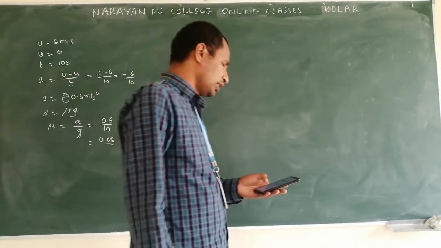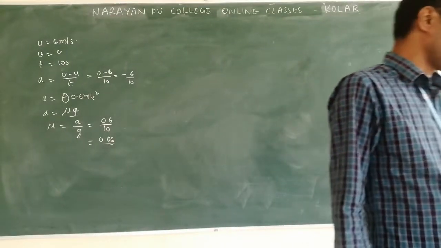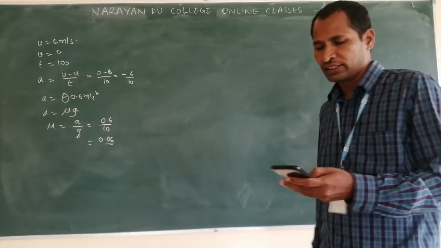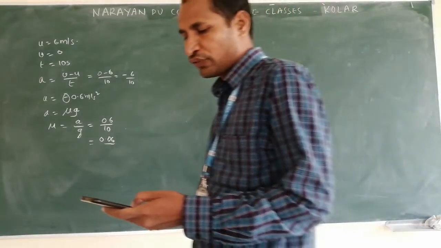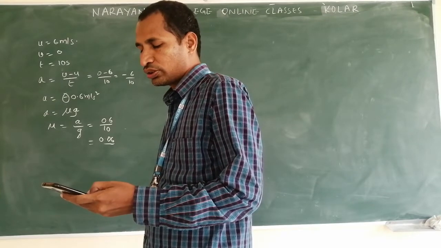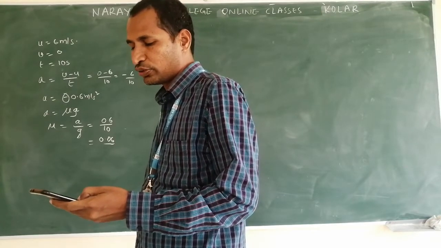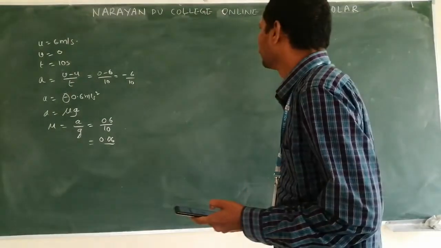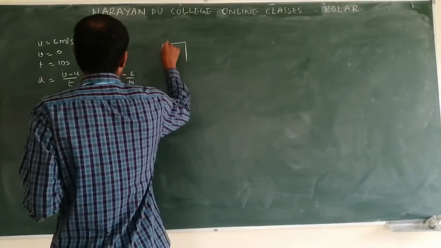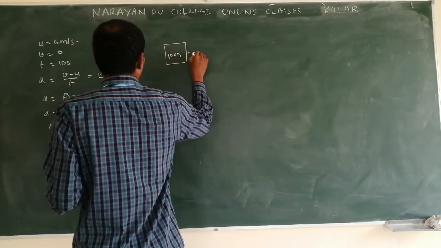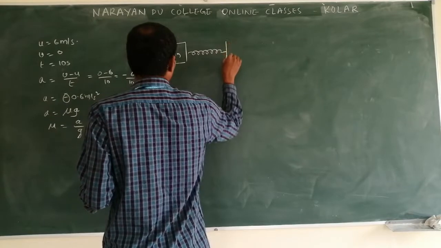Now 3, another question. Masses of 10 kg and 20 kg are connected by a massless spring as shown in the figure below. A force of 200 Newton acts on the 20 kg mass. At the instant shown, the 10 kg mass has acceleration 12 meter per second square. What is the acceleration of the 20 kg mass? One is a small block. This is 10 kg, connected with the spring.